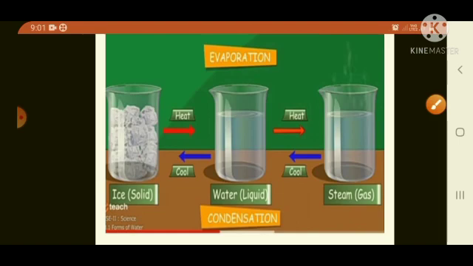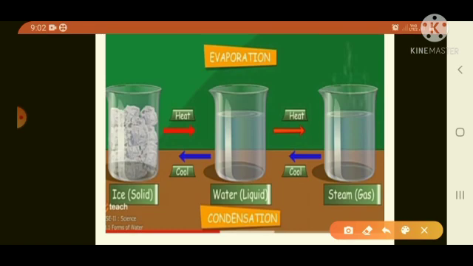When water is heated, it changes from its liquid state to its gaseous state. This form of water is called water vapor. The process by which a liquid changes into its gaseous state is called evaporation.